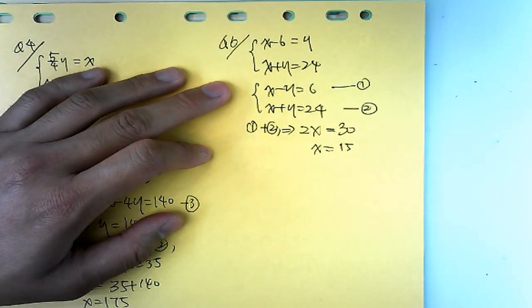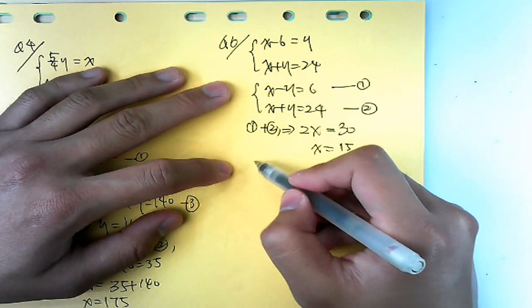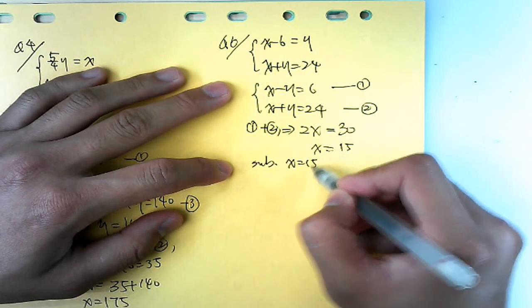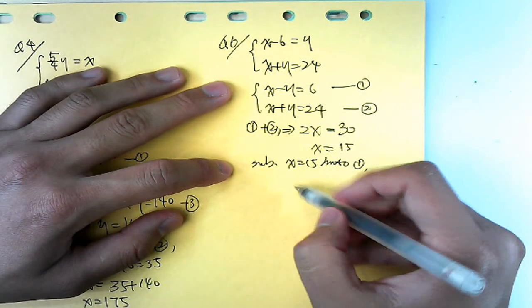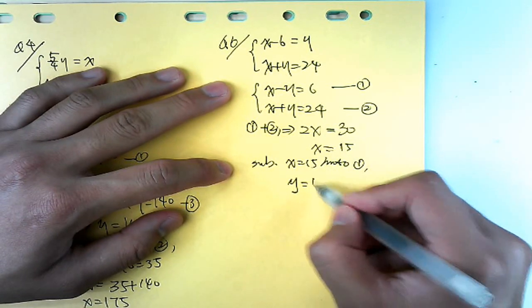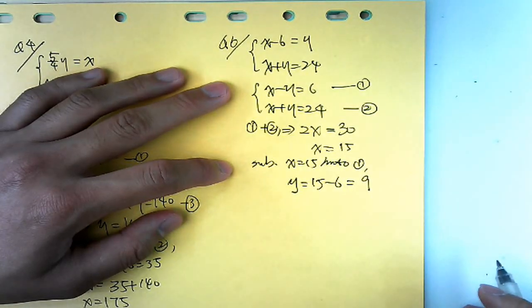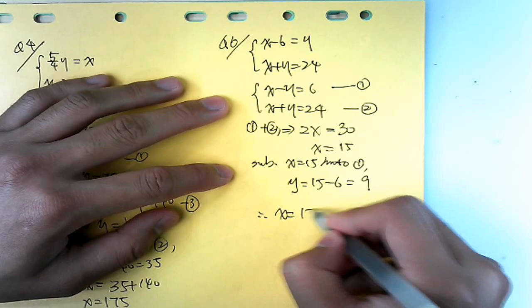Is it okay? So next you have to find out Y. You substitute X equals 15 into, you can choose 1 actually, because X minus 6 equals Y. You can write Y equals 15 minus 6, which is actually 9. Understand? So give some conclusion.